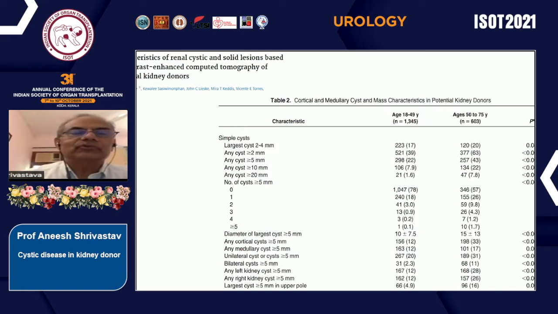Then we all came to understand that ultrasound may miss a lot of cysts which are less than 1 millimeter. And so sensitivity and specificity go down as the size of the cyst goes down. And then came CT to our advantage, where cysts up to 5 millimeter could be very well detected, and even smaller than that with variable sensitivity.